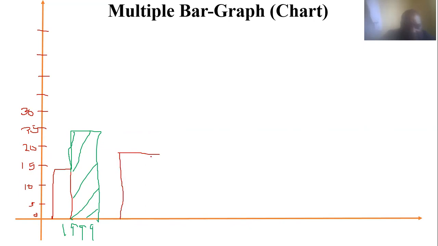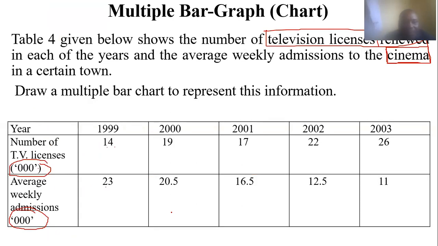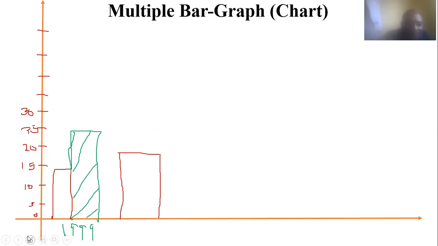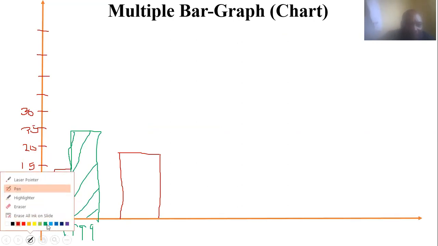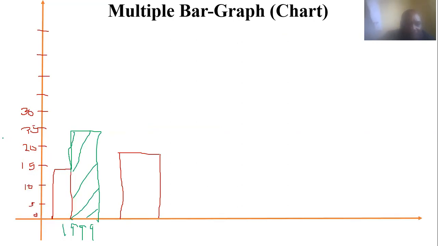I have the bar here. And then I look at 20.5. I take my pen again and draw 20.5 somewhere there, not very long. That is it.